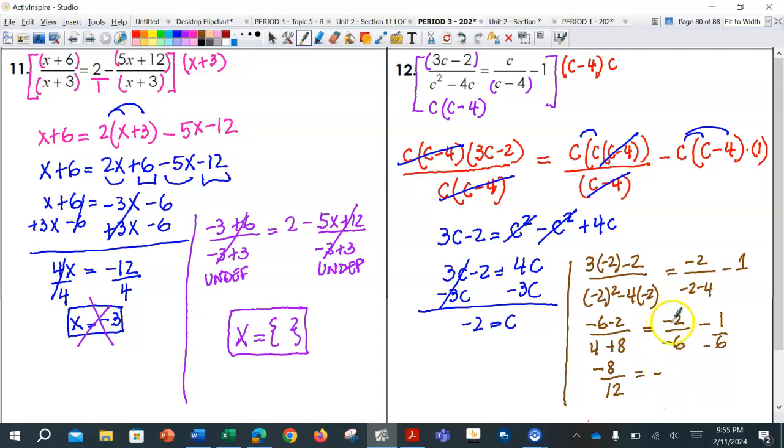So I will do something better than that before. So this cancels out, so it will be 6. So will that, I will have 2 minus 6 over 6. So on this side it will be negative 4 over 3, right?